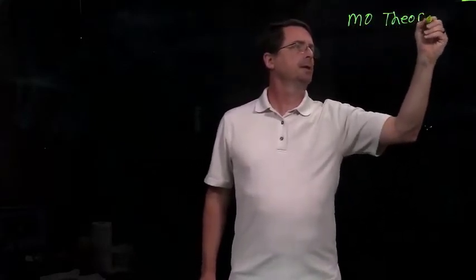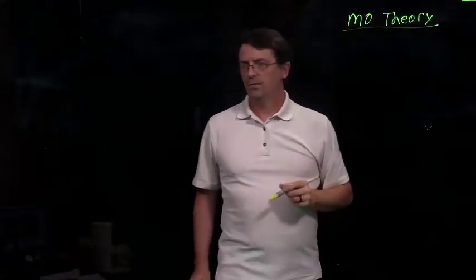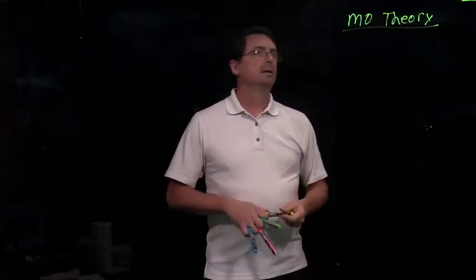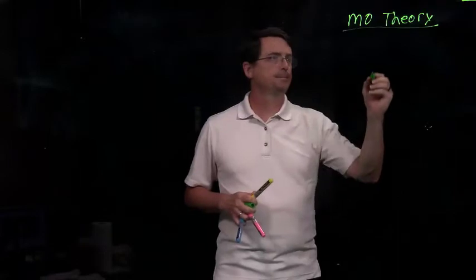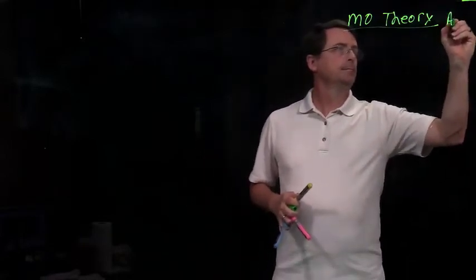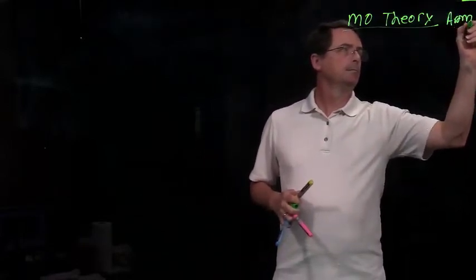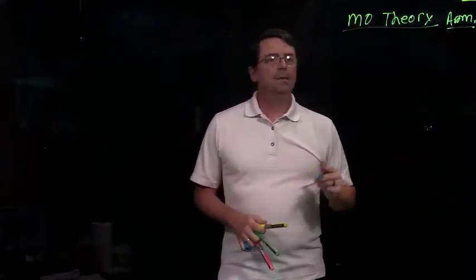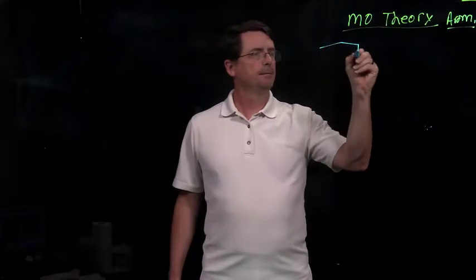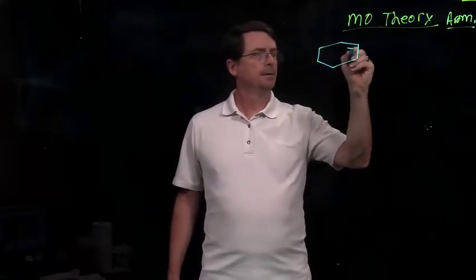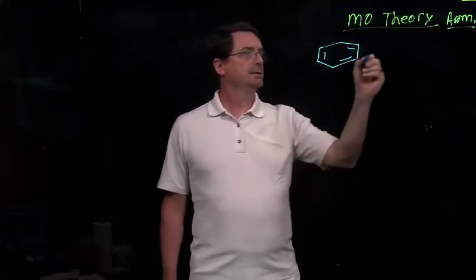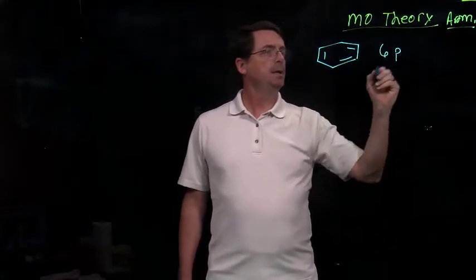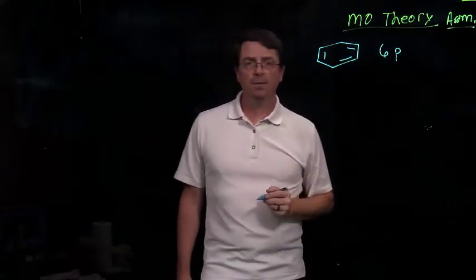MO theory, molecular orbital theory, for aromaticity. Now, in benzene, we have 6 p orbitals that get combined.